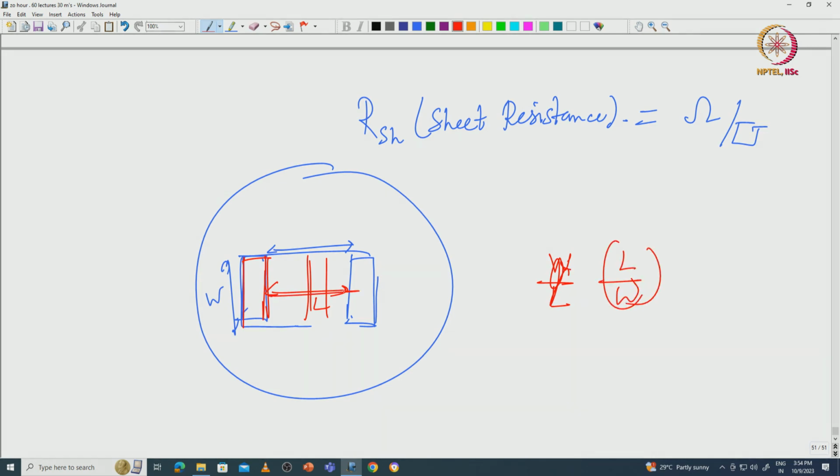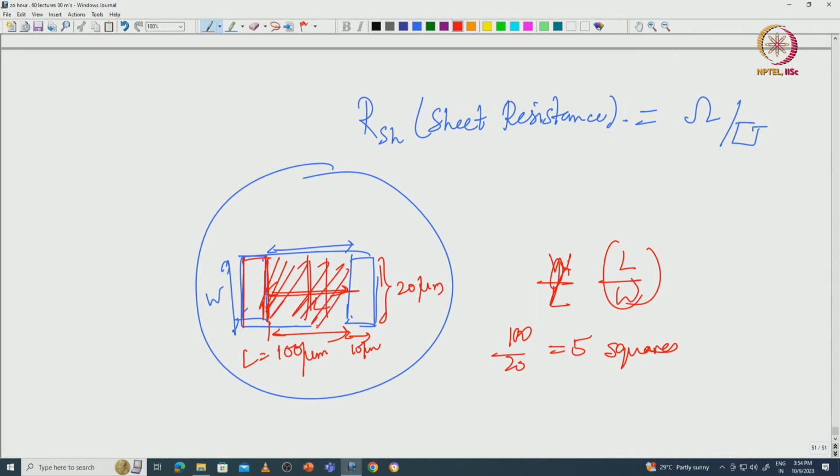So, what I mean is that if this is suppose 20 micron, and the spacing between two metal pad is suppose 100 micron, L is 100 micron. So, 100 by 20 is 5. So, there are 5 squares inside this active area.